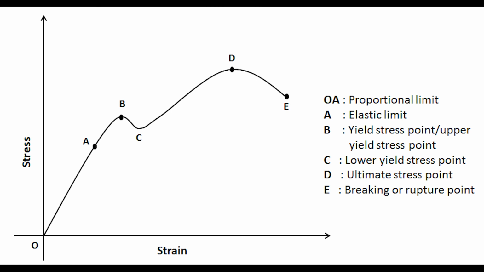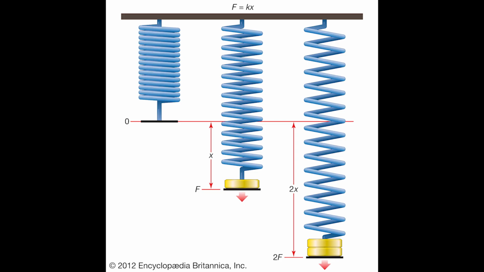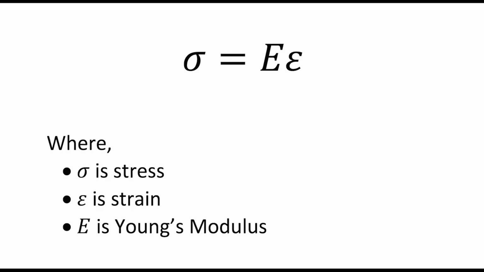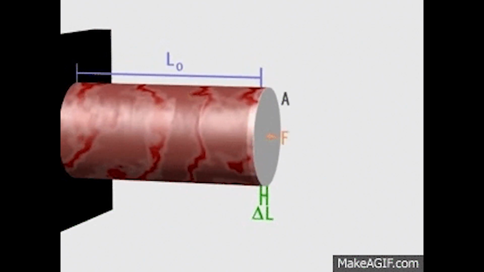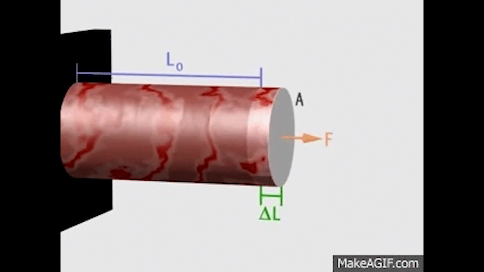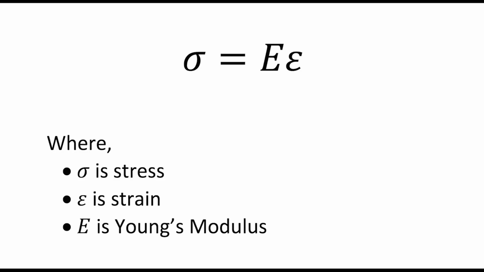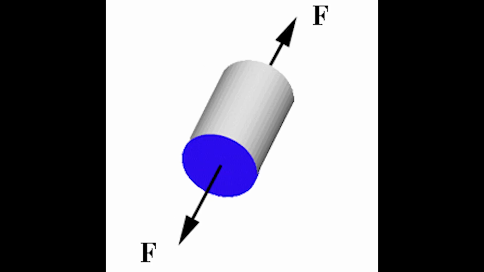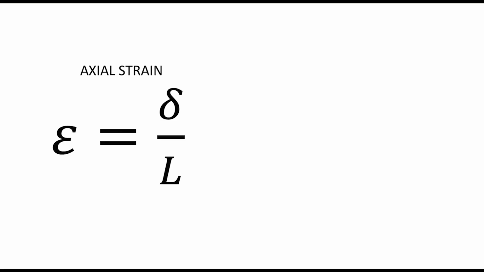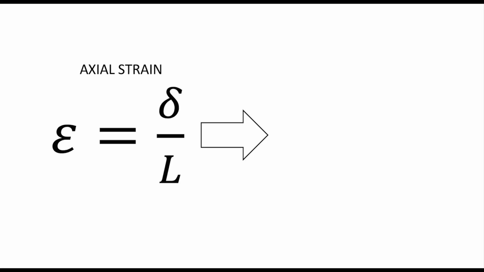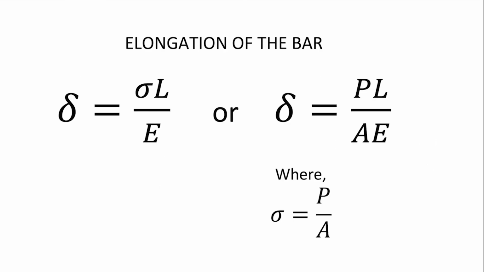This plot is a manifestation of Hooke's law. Stress is proportional to strain, that is this, where the big letter E is a material property known as the modulus of elasticity, or Young's modulus. Because the bar deforms uniformly, the formula for the axial strain is substituted into Hooke's law. Therefore, the elongation of the bar is this.